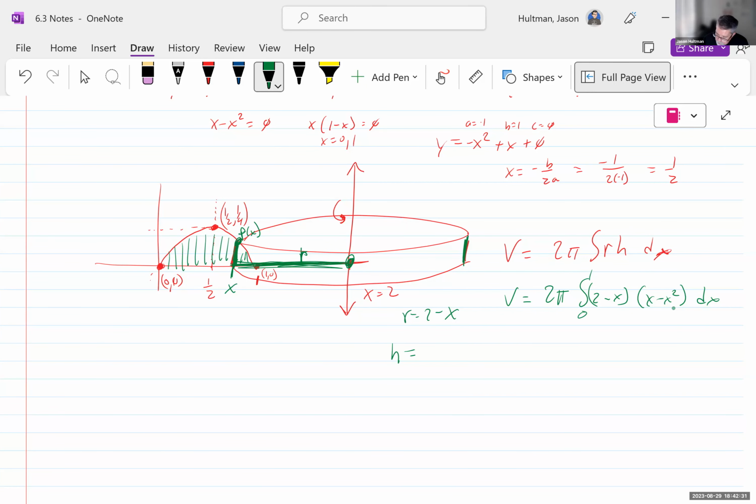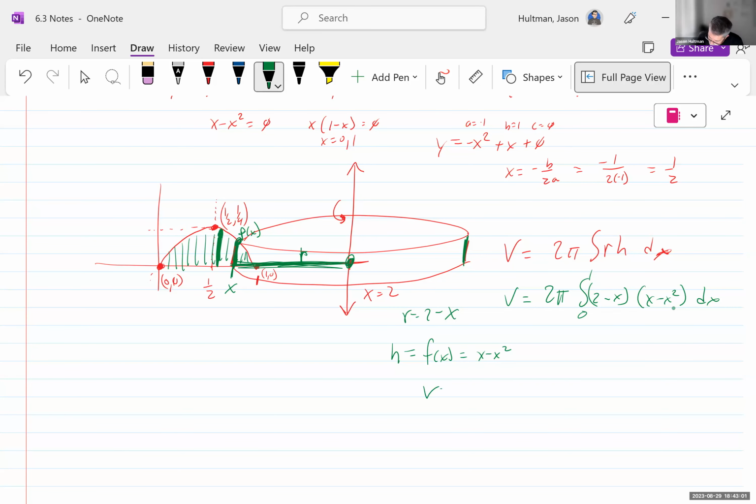Every time I do a slice here, that creates the height of a cylinder. And what's the height? Well, isn't that just f of x? Yeah, and f of x was x minus x squared. Oh, okay. I see. Thank you.